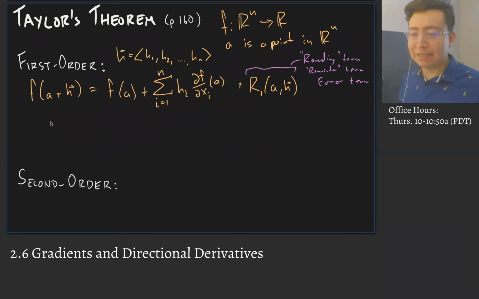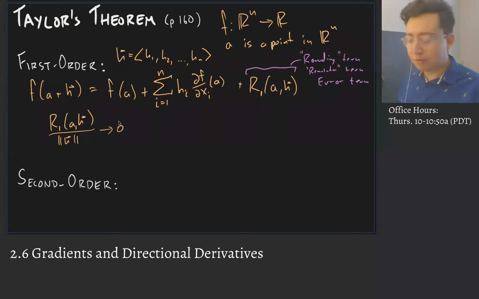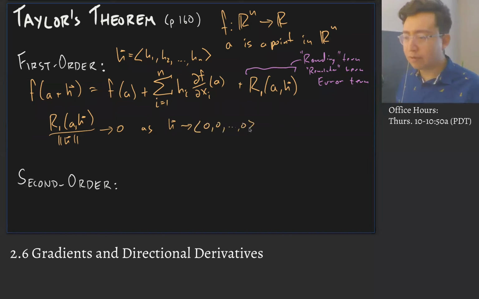And the nice thing is that R1 of A comma H divided by the norm of H tends to 0 as the norm of H tends to 0. Or you could think of it as H tends to the point, or the vector 0, 0, 0, in Rn.